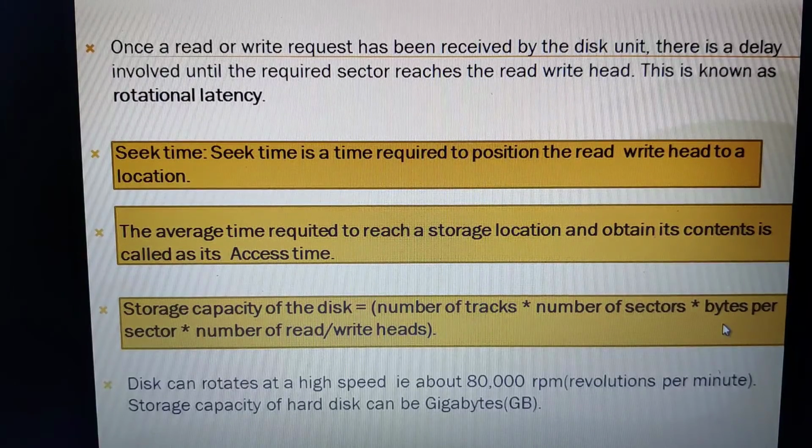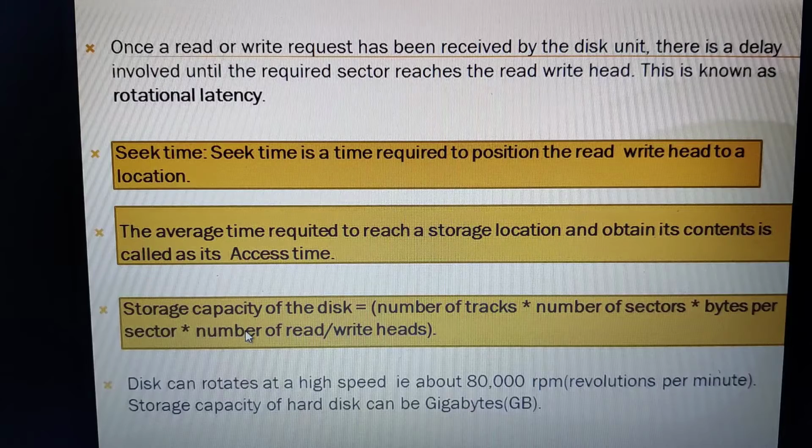I already said what a byte is: 1 byte equals 8 bits. Am I right? So we have different units, isn't it? So the total number of tracks times the total number of sectors times the total number of bytes per sector times the number of read or write heads on that particular disk. By this we can calculate the storage capacity of the disk. I hope you are able to understand.